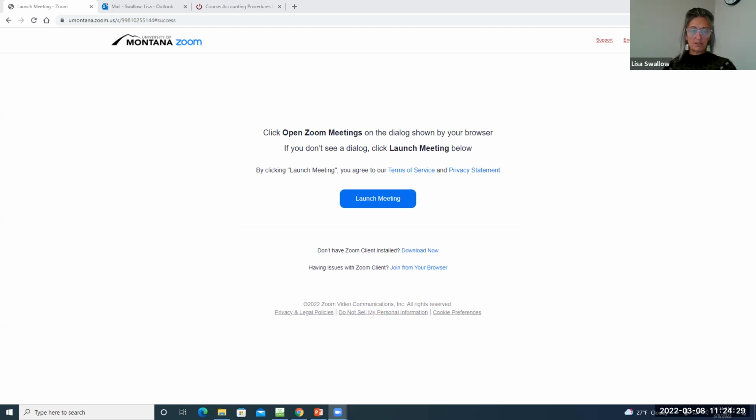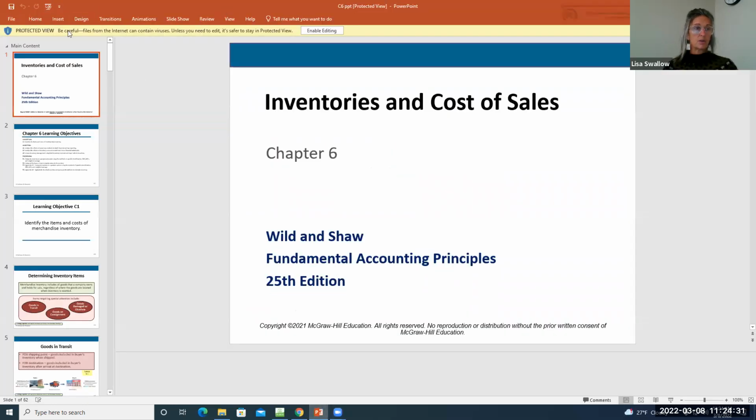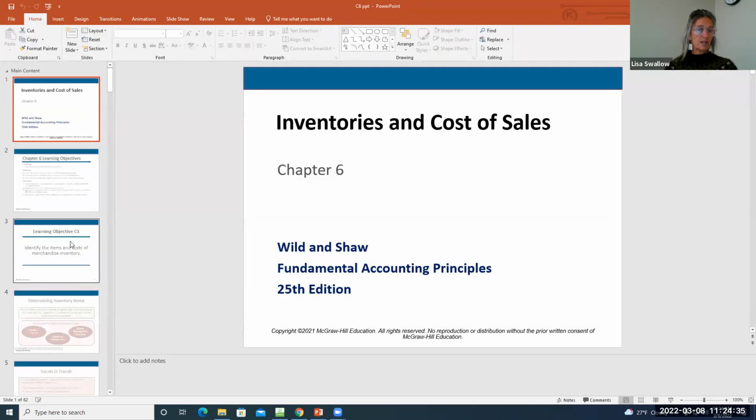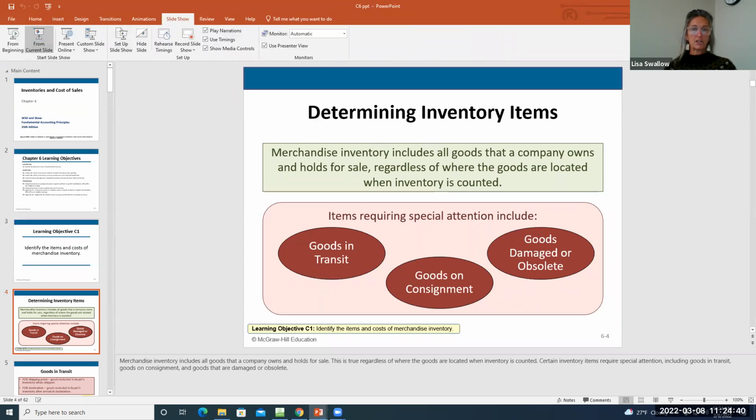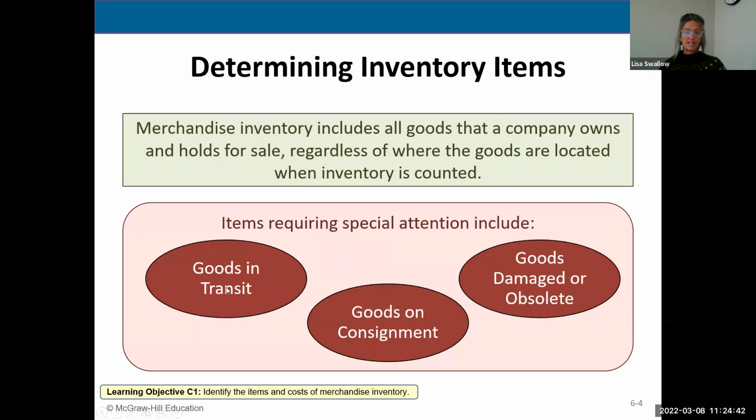at the PowerPoints for this unit, which, as I said, is inventories and cost of sales. So what we need to start out with talking about is what actually belongs in inventory on our books. It's anything that's in transit, depending upon what the terms are.